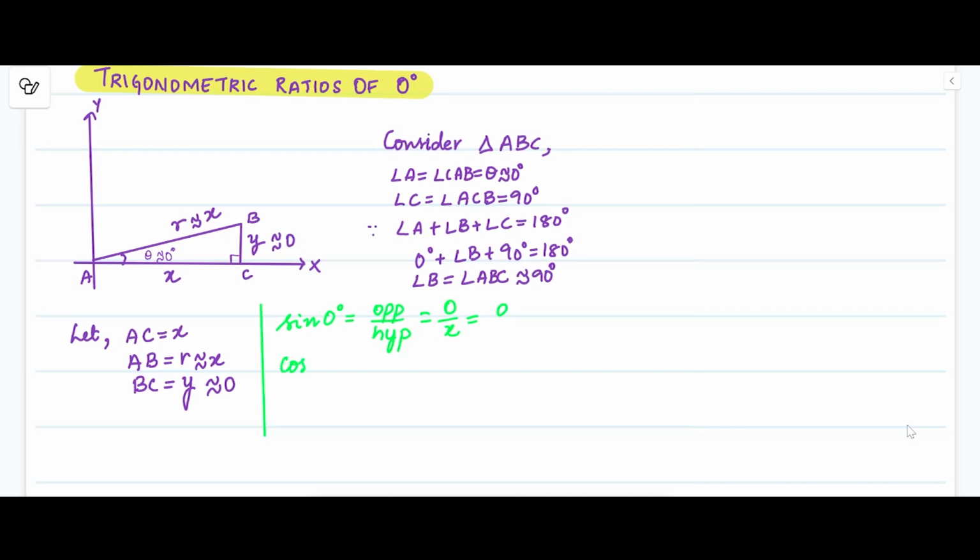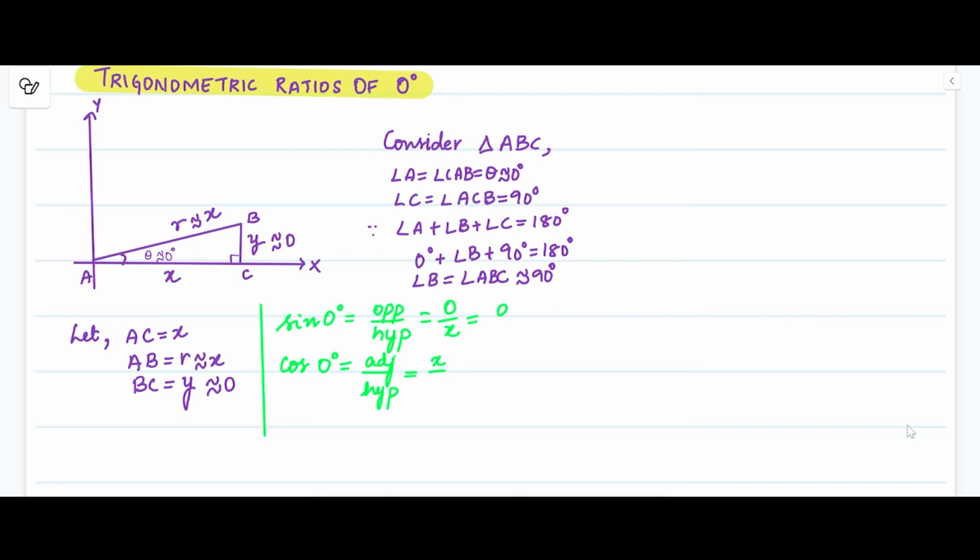So next is cos 0 degrees. The definition of cos theta for all is adjacent side of the triangle divided by the hypotenuse side of the triangle. The adjacent side of the triangle is the base of the triangle, the side which is adjacent to our angle theta. That is this one, which is having the value x units. So it will be x divided by the hypotenuse side of the triangle.